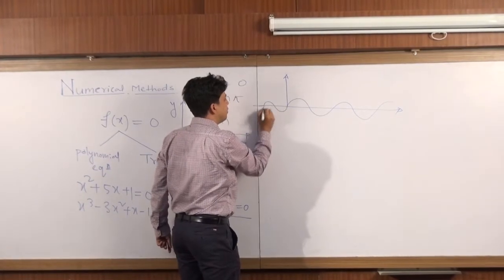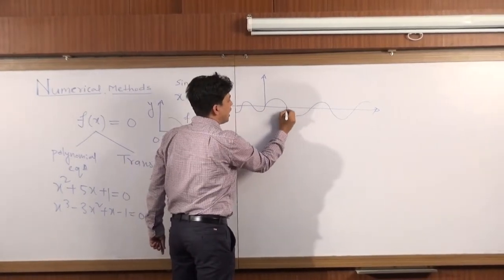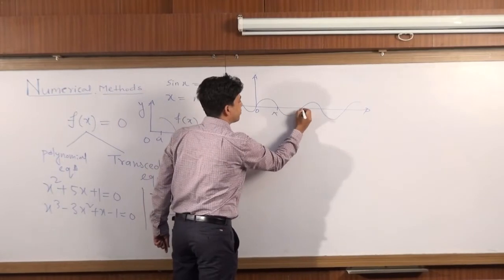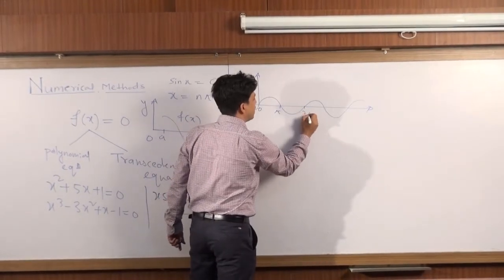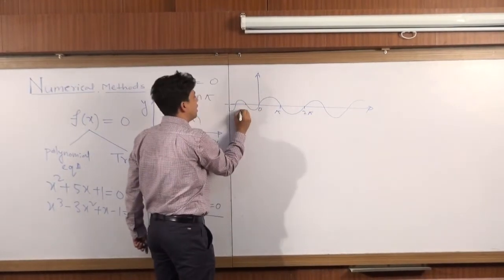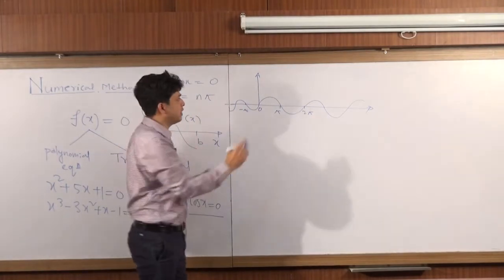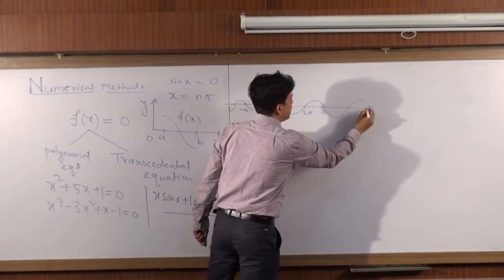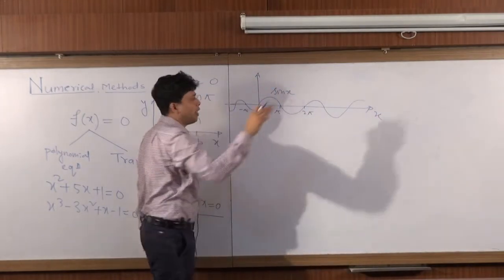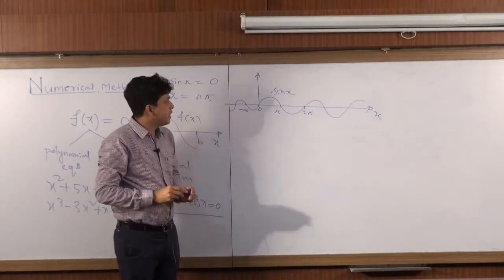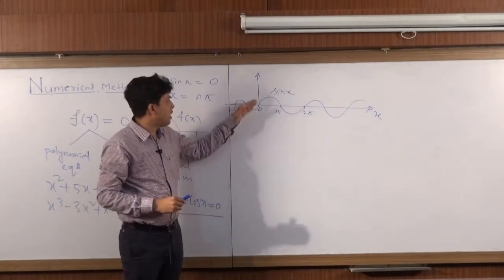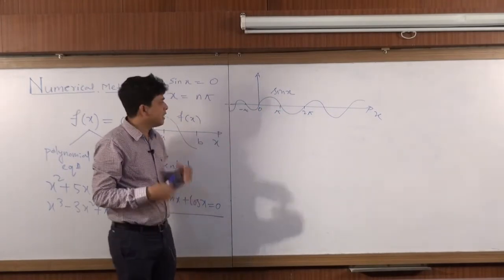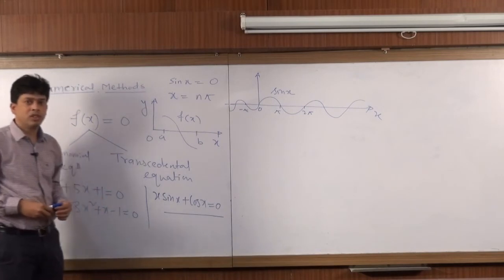We can extend the function on this side too. This is 0, pi, this is 2 pi, and this is minus pi. There are infinitely many roots of sin x, because this function cuts the x-axis at infinitely many points where the value of the function is 0. So a function can have infinitely many roots.